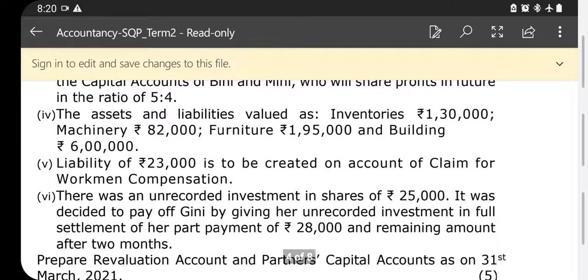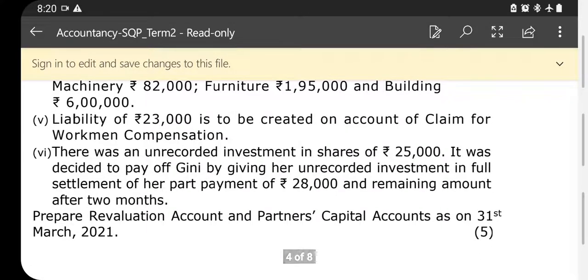Fourth point, the assets and liabilities valued as inventories 1,30,000, machinery 82,000, furniture 1,95,000 and building 6 lakh. Fifth point, liability of 23,000 is to be created on account of claim for workmen compensation fund.